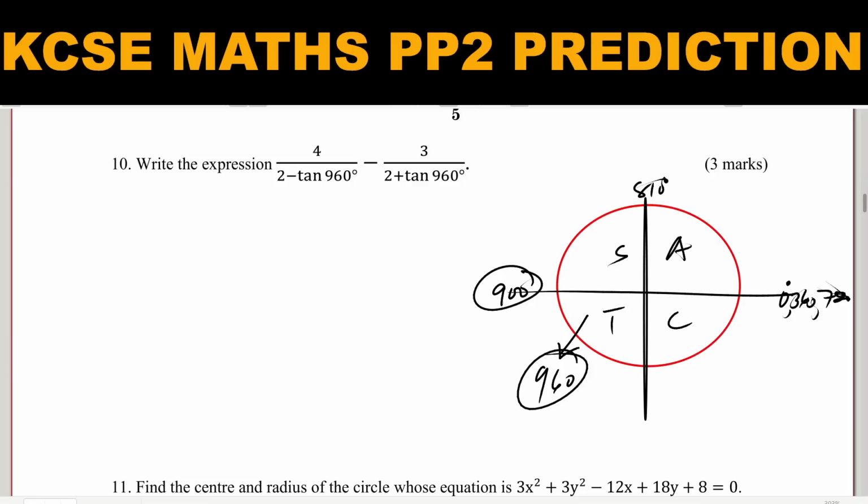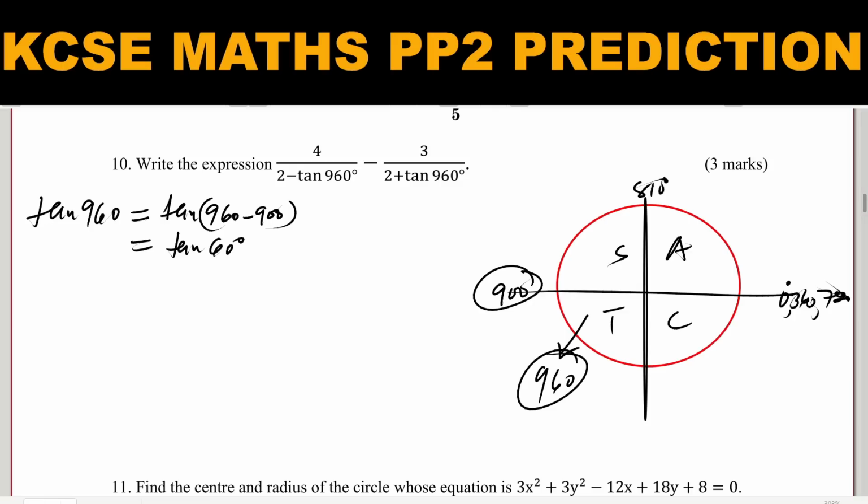And the tangent of 960 is positive. It is positive in that quadrant. So therefore, tan of 960 is equivalent to, if you get the acute angle, tangent of 960 subtract 900, and this will give tangent of 60.